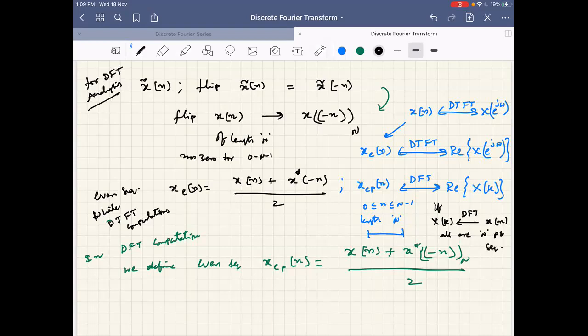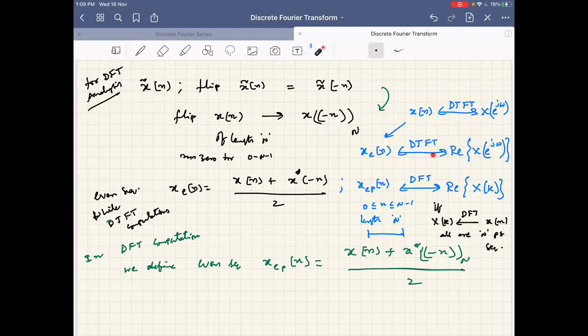This is an important observation, and you can see that this is the real part of X. The same expressions and properties we defined for the discrete time Fourier transform are valid.